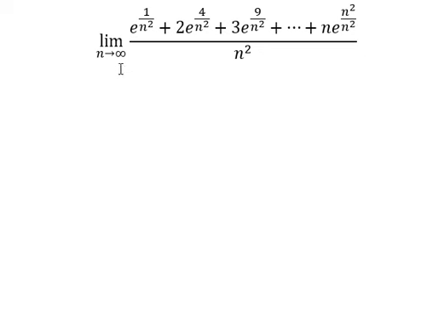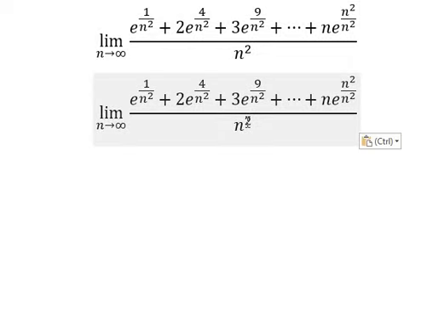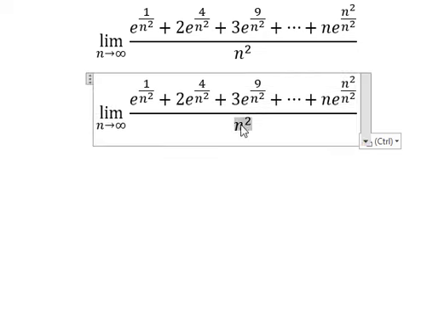So today I will show you how to answer this one. The first thing, I need to distribute n squared for 1 over n for this one and 1 over n for 1 divided by n.